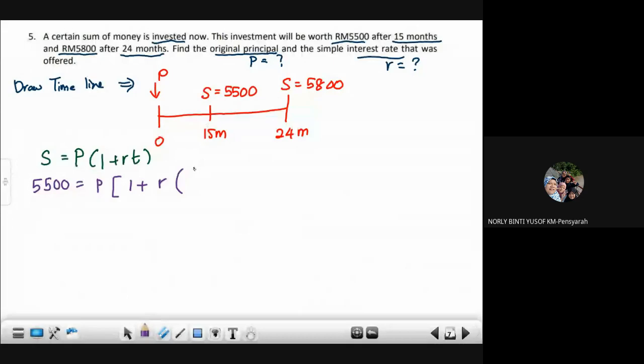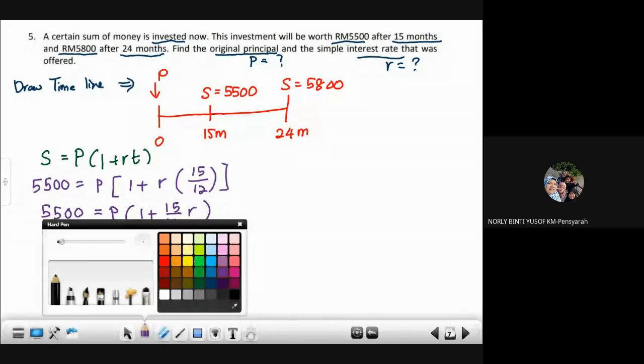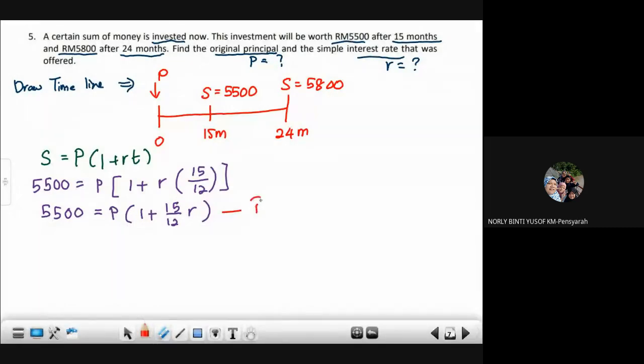Ni times 15 over 12. Sebab you punya simple interest is in year. So you kena tukar lah. You punya months ni in year divided by 12. So you akan dapat 5,500 = P(1 + 15/12 R). So ini first equation.